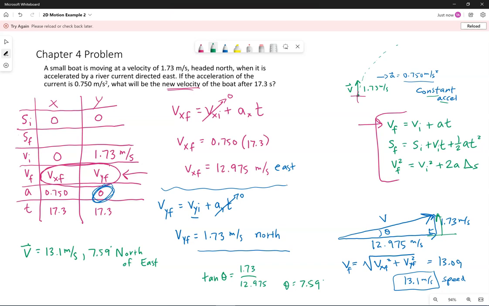And so here is our answer. Again, the acceleration being constant means we can use a kinematic equation, but we must use the equation separately for x and for y. And then we can pull it back together like we did to get this final magnitude and direction.